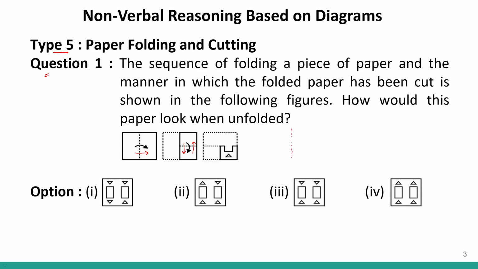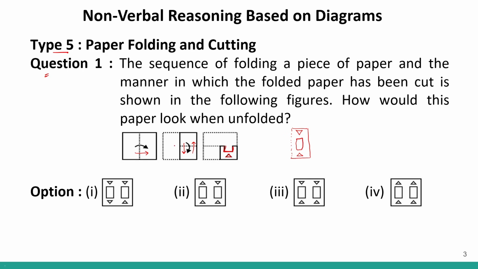So if I open the paper, this small incision will look something like this, and this triangular incision will look like this. So I've told you that incisions are inverted, correct? So this will look something like this.